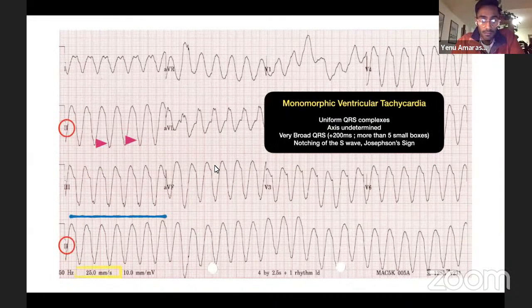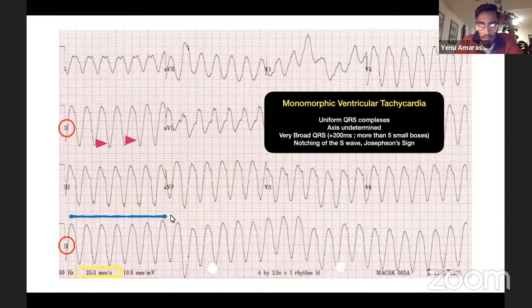When you're looking at this, it's missing a lot of the information from a normal QRS complex, so it's very difficult to go through the same steps as before. As you can see, there are no P waves, so P waves are completely absent. And like I said, the monomorphic is due to the QRS complex. So these are QRS complexes that are identical to some extent.